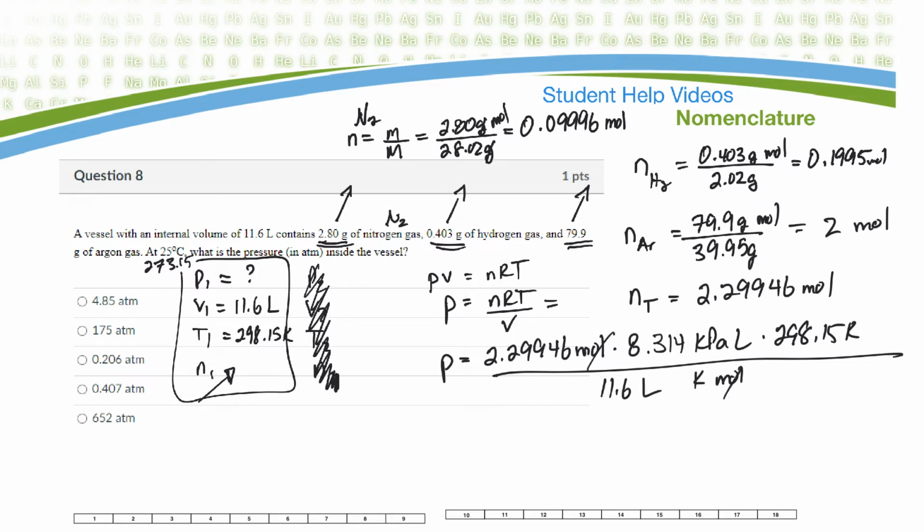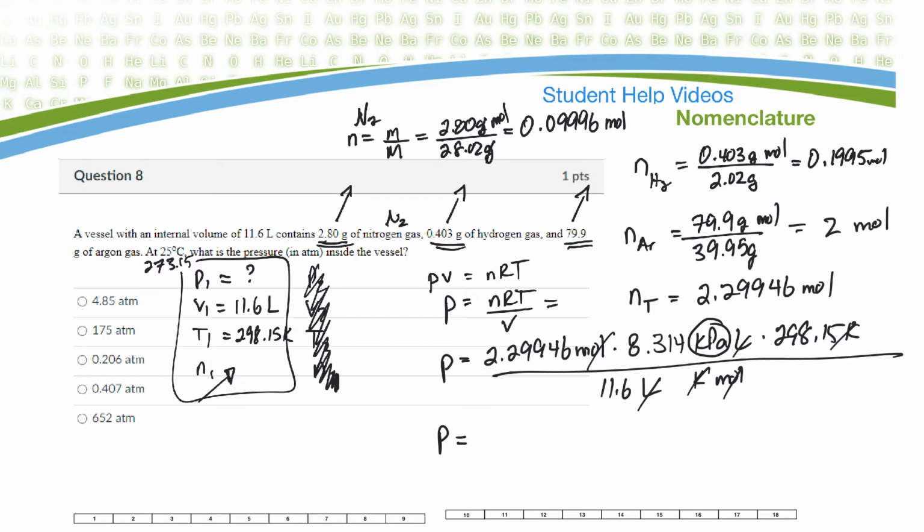Moles cancel, liters cancel, Kelvins cancel, and I wind up with kilopascals, which is a pressure, so that's a good thing. Let's take that number and multiply it by 8.314, multiply that by 298.15, and divide that by 11.6.